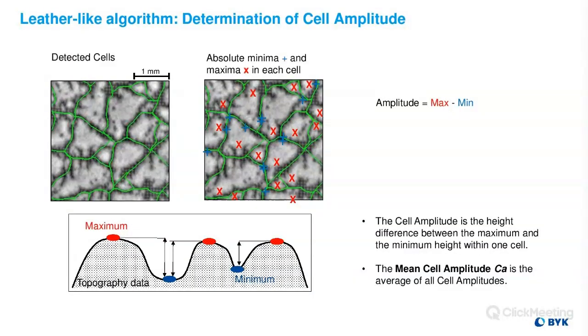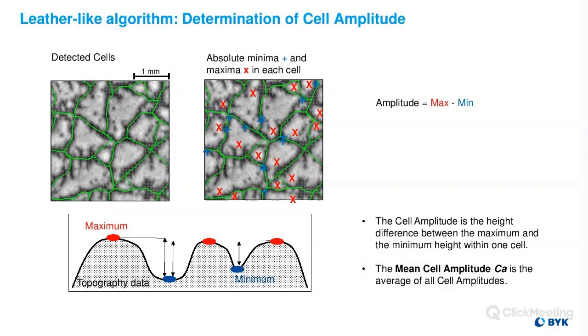So again, here we have our topographical image, which again has been segmented using the watershed method, and the amplitude of a single cell can now be calculated as the maximum height within that cell, which is indicated by the red X's in this image, and then we can take the minimum height of the neighboring valley.